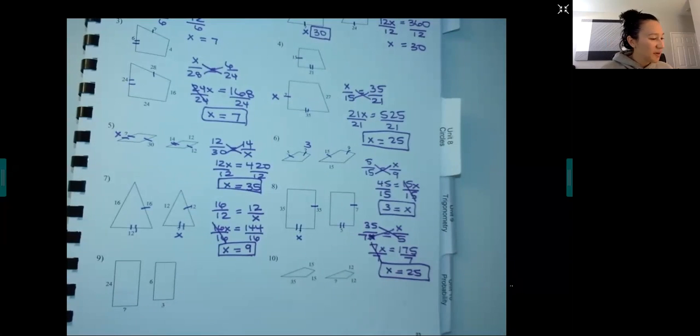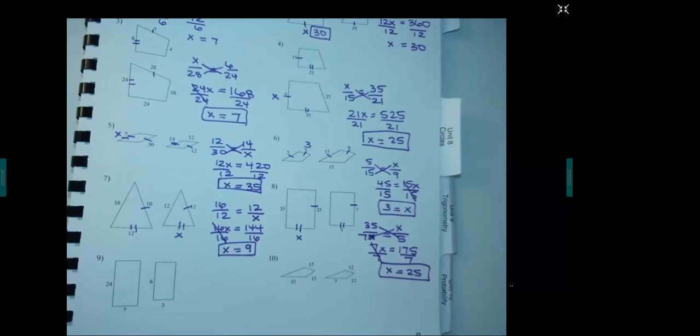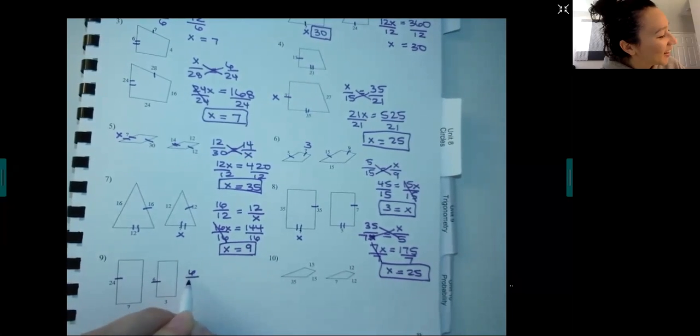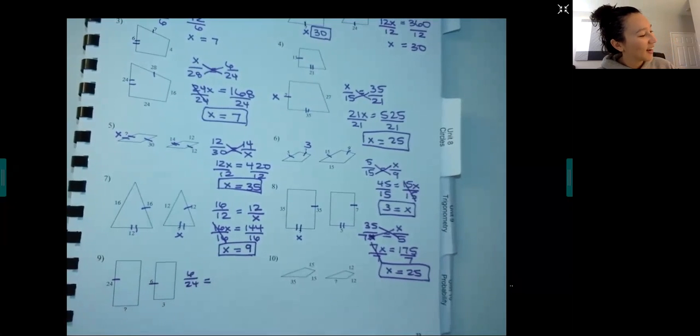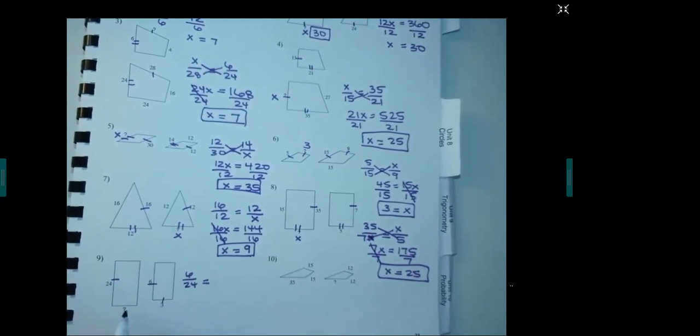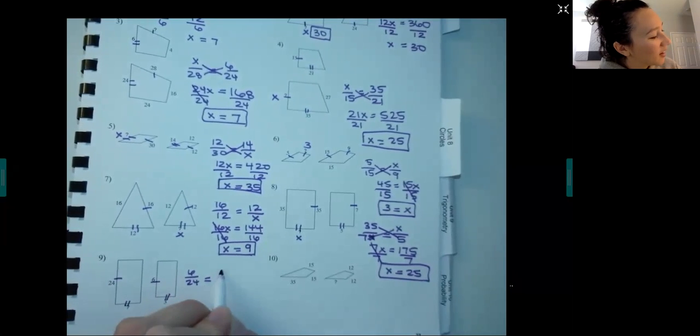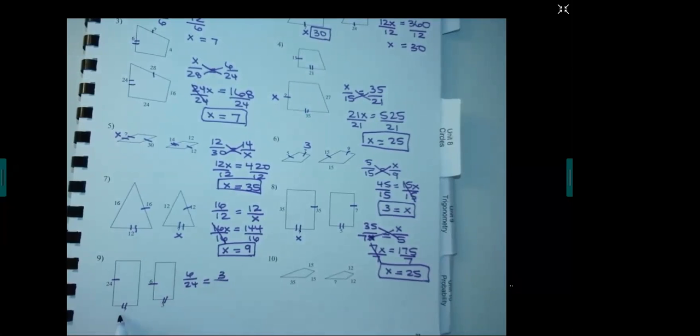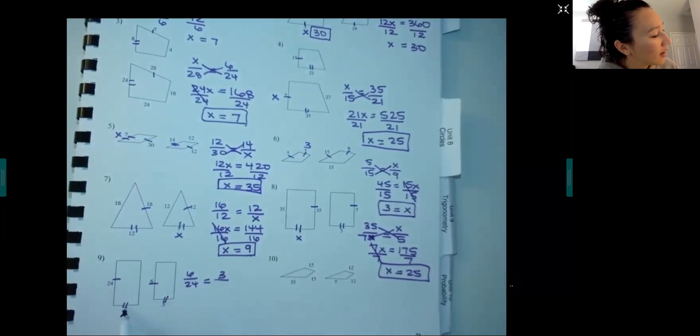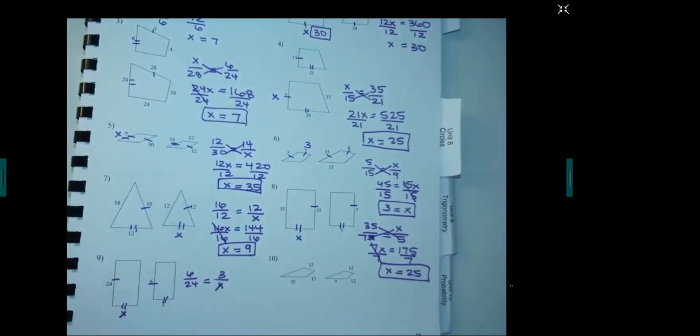Okay, Jade, number 9 and 10. First I did 6 over 24, and then 3 over x. Good.